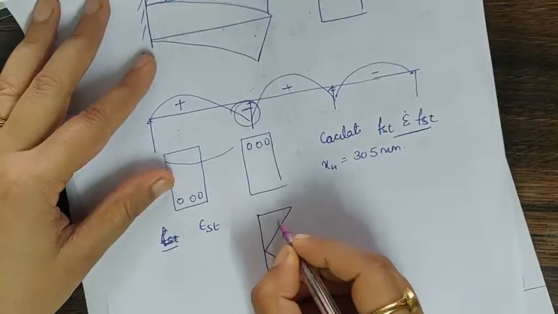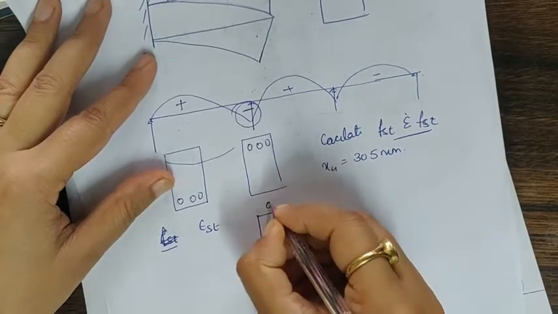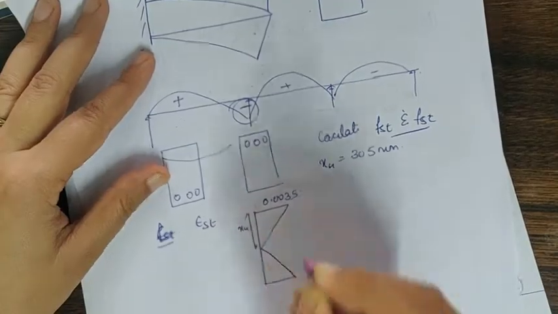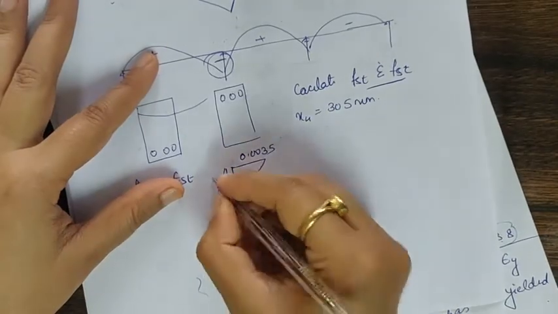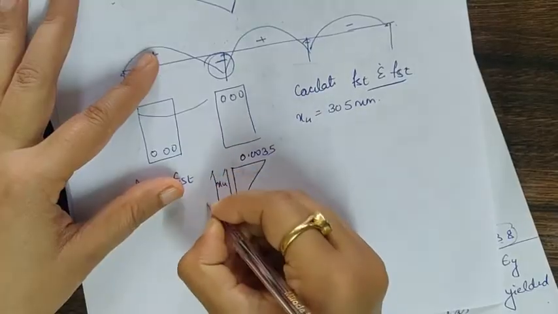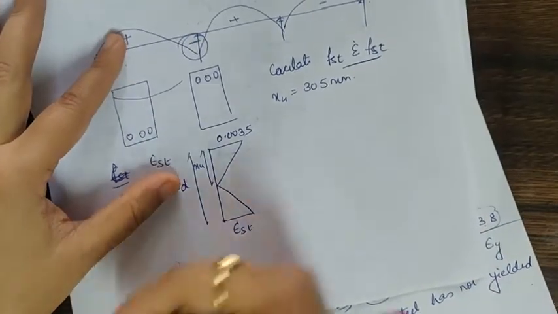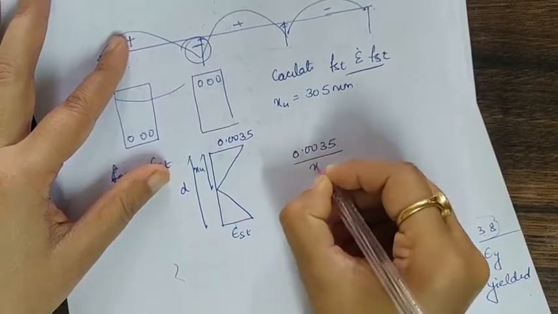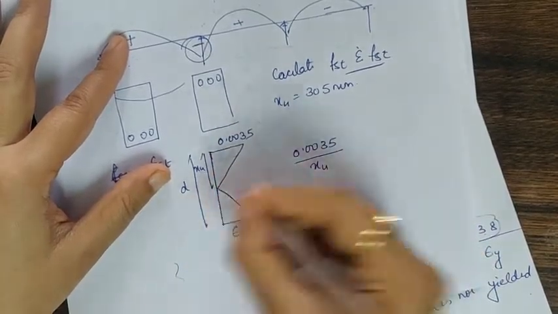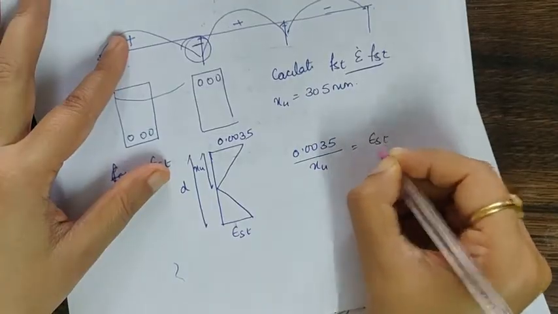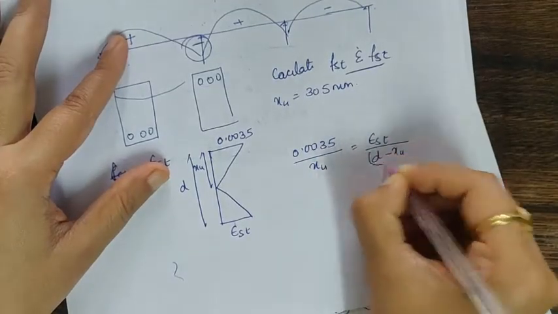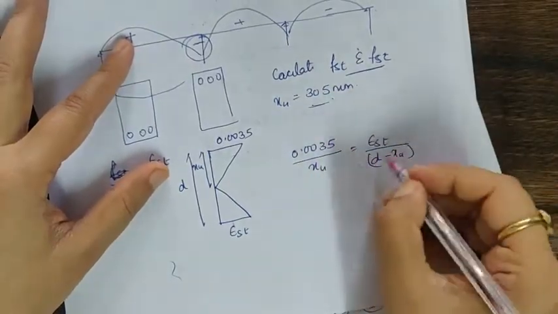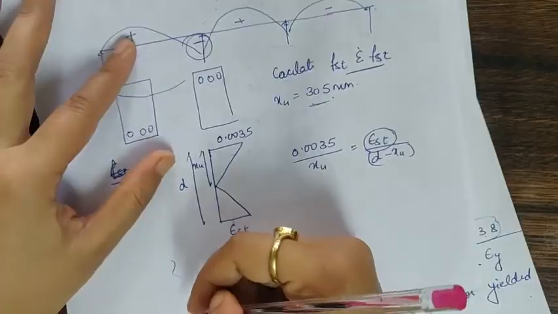Now I take this as 0.0035, this as XU, this is epsilon ST, this as D. So my equation becomes 0.0035 upon XU is equal to epsilon ST upon D minus XU. I know D, I have already assumed XU to be 305, I will be able to calculate epsilon ST.